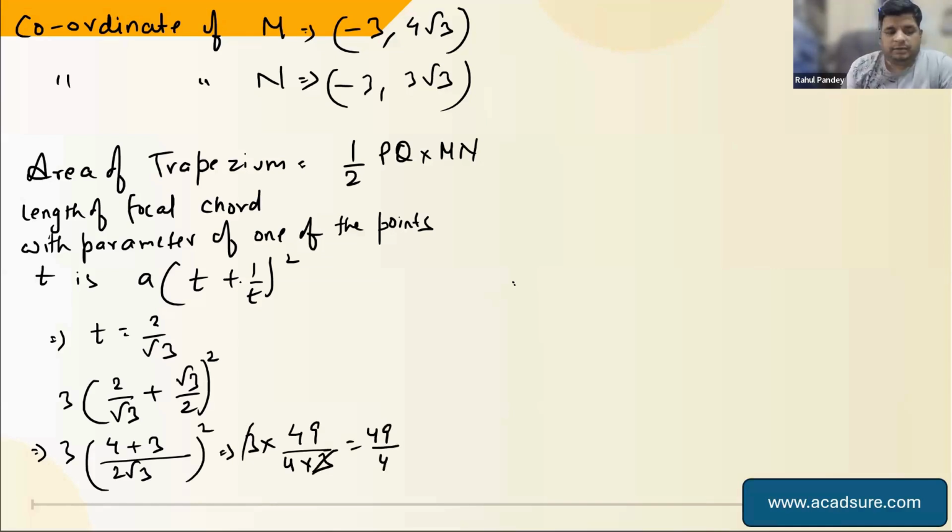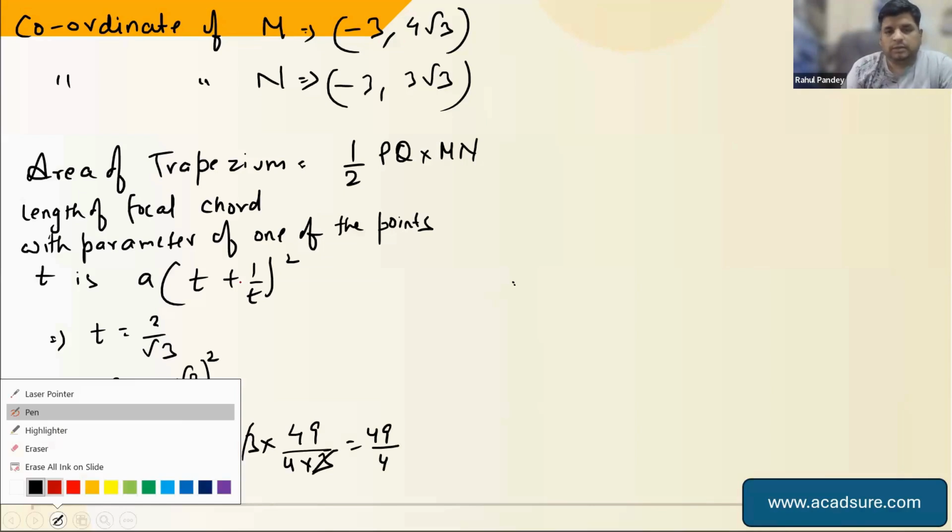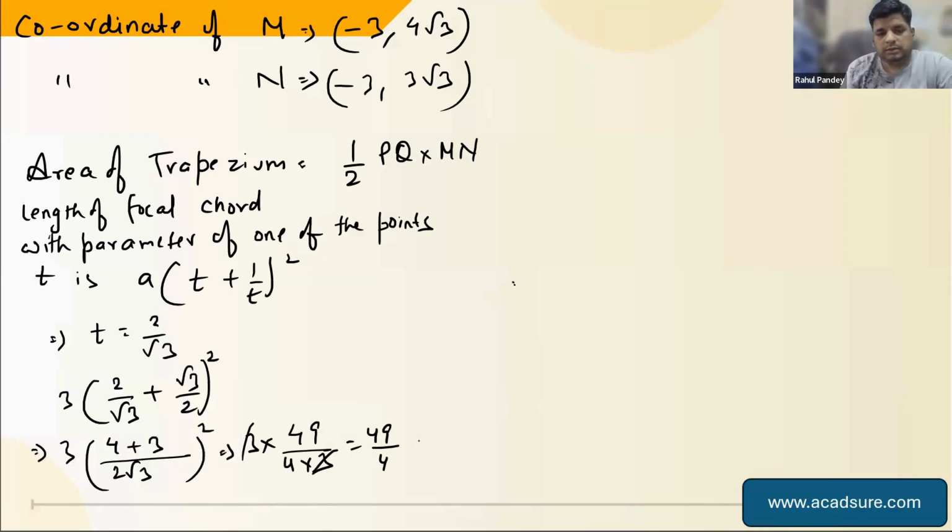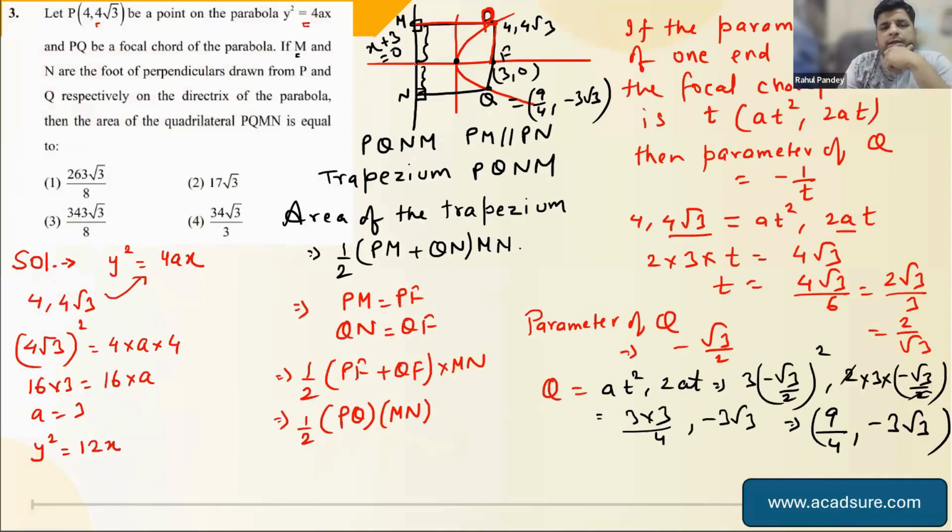Now we have to find MN. This is the length of PQ. Now for MN, if you observe the diagram, let's call this point O. So MO would be 4√3, the distance basically from O to M is the y coordinate, and NO would be 3√3 because this point is 3√3 units down.